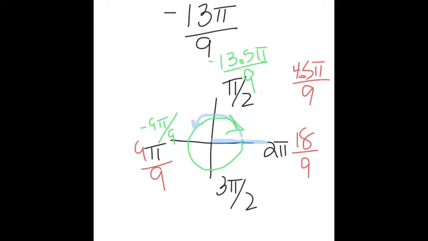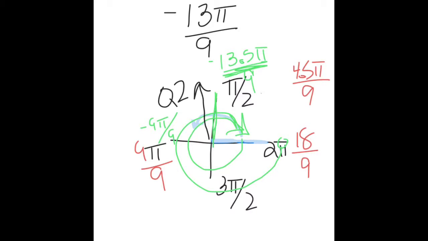So when I go negative, I'm starting right here and I'm going in this direction. So negative 9 over 9 is negative 1 pi. I need negative 13 pi, and this measurement right here is negative 13.5. So negative 13 pi is going to be about right here, which is in quadrant 2.